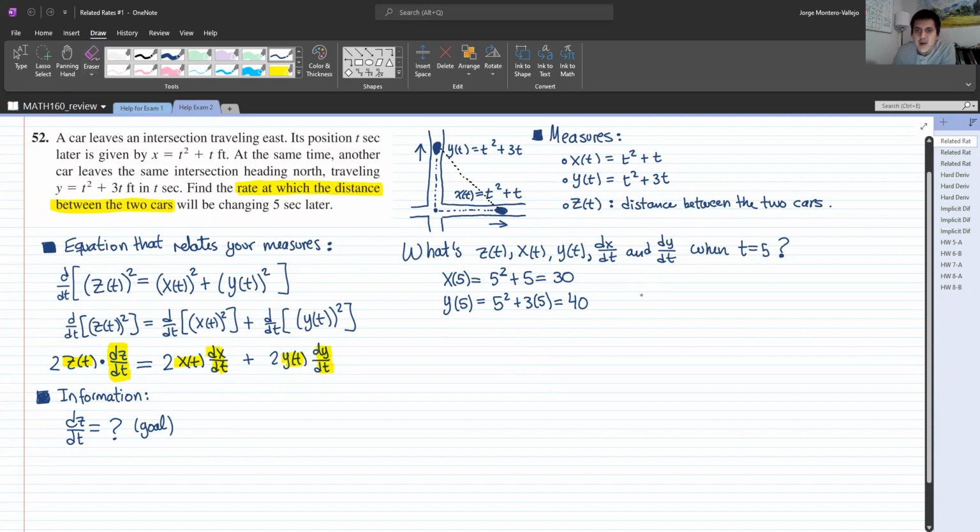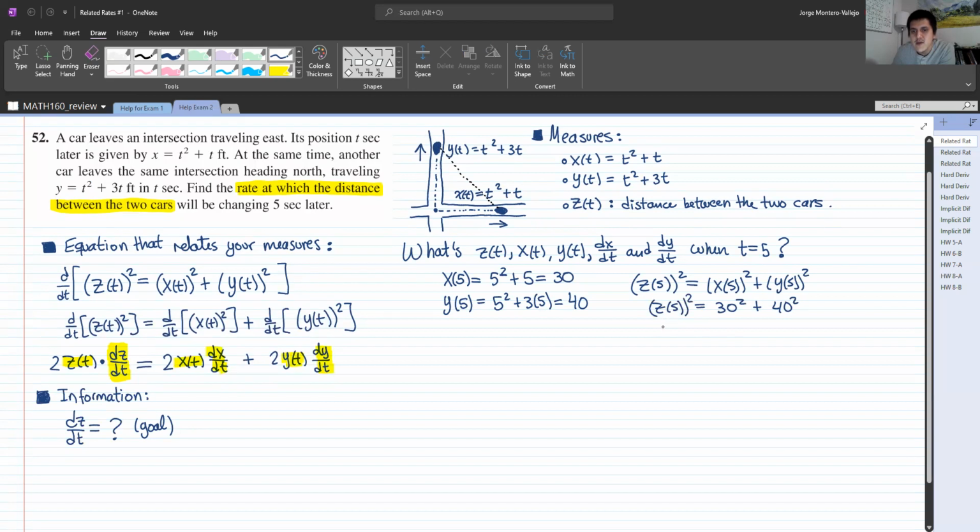Well, we know that the relation that is kept between z of 5 and x of 5 and y of 5 is that of the Pythagorean formula. So z of 5 squared is equal to x of 5 squared plus y of 5 squared. But we know that x of 5 is 30. So 30 squared, and then y of 5 is 40, so 40 squared, and then this is z of 5 squared, right?